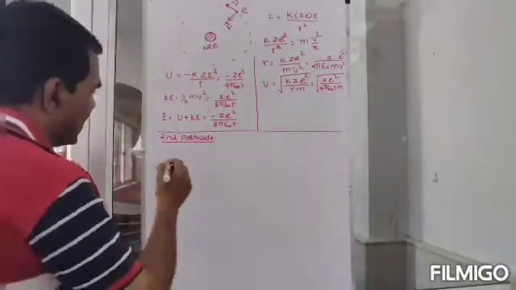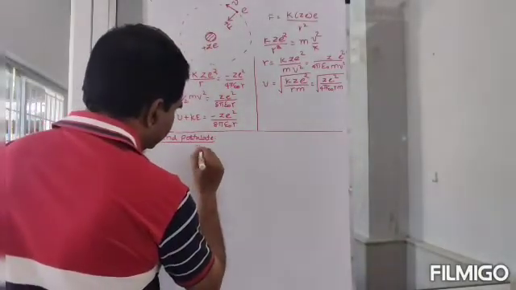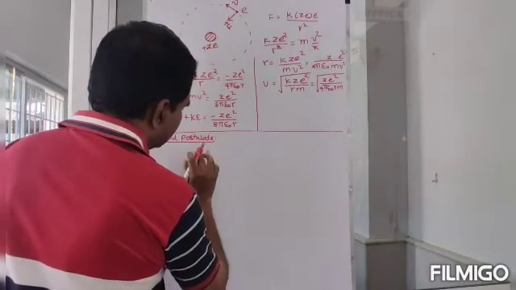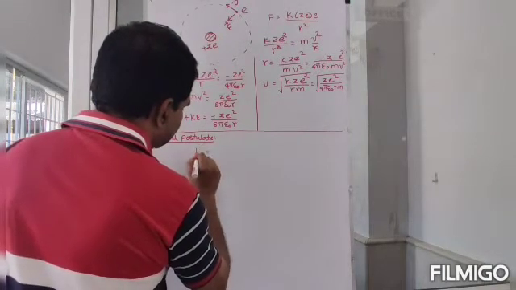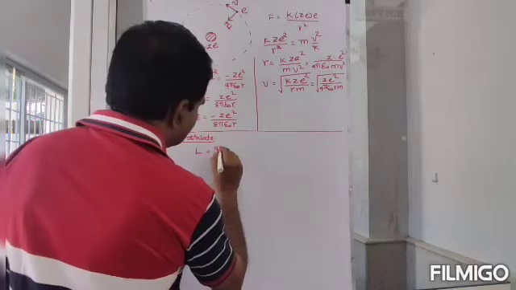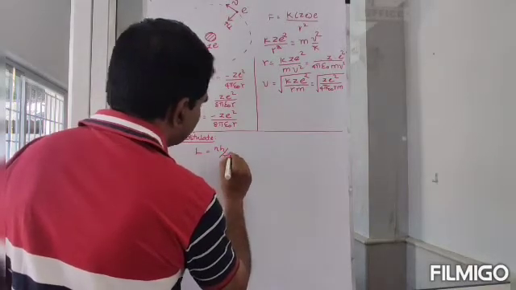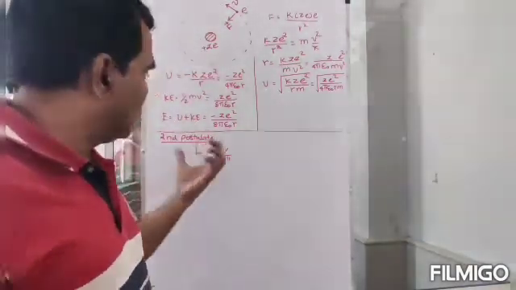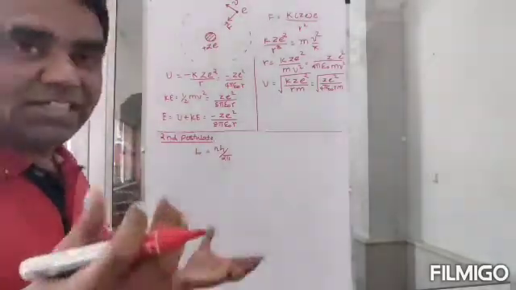So the angular momentum L, I'm using capital L, is equal to nh by 2 pi. It's the magnitude of the angular momentum. But what is angular momentum?